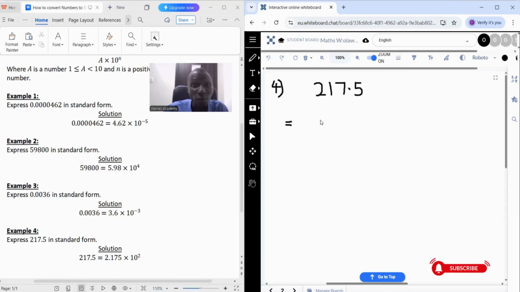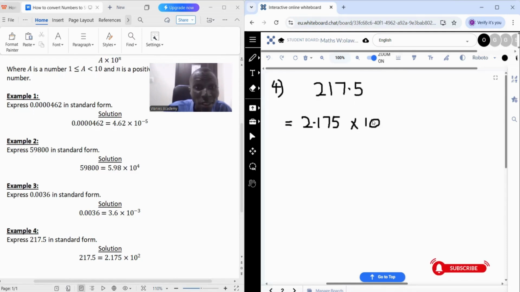Here, the first number will be 2.175, as it is greater than 1 but less than 10. Then times 10.